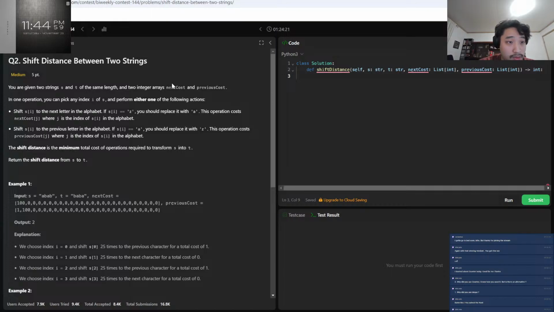This operation costs next cost[j], where j is the index of S[i] in the alphabet. Shift S[i] to the previous letter in the alphabet. This operation costs previous cost[j]. Return the shift distance from S to T.